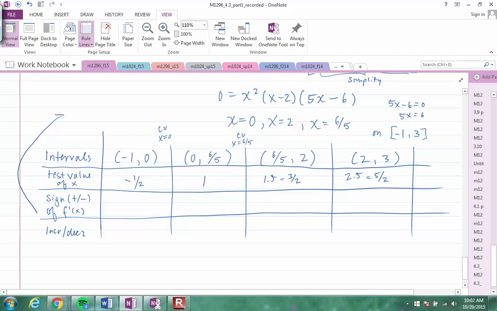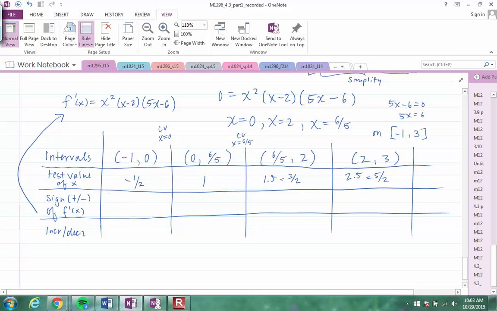So I'll write it up here that basically this equals 0 thing, that was the derivative. That factored form is a really nice form for doing this. And I'll show you this. You can play a little sign game. And then you don't actually have to calculate the value. You're welcome to actually calculate the value of f prime, but there's a little shortcut here.